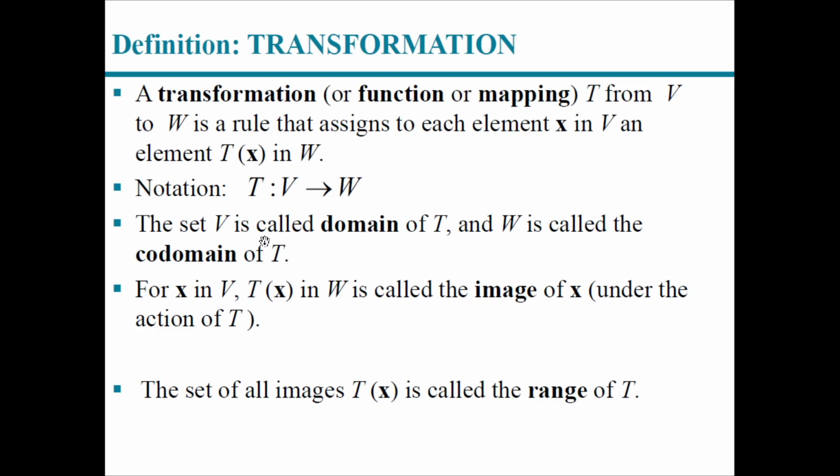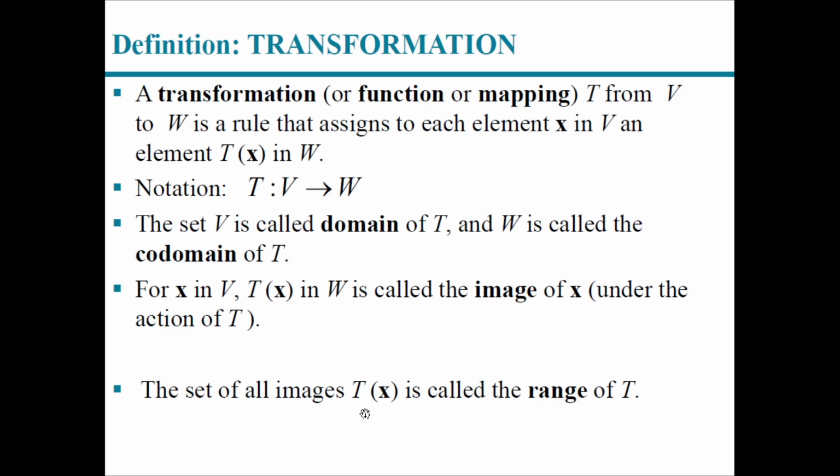What matters is to realize that we have a domain V, and then T is taking objects from the domain V and transforming those objects somehow, following some rule, into objects of the codomain W. So each X from V is transformed and we create an image of X, which is called Tx, and then the set of all those images is called the range of the transformation.